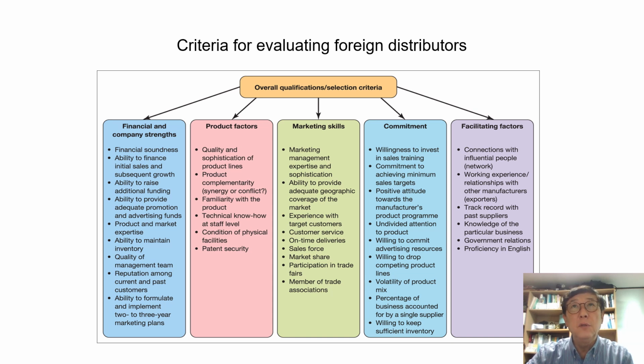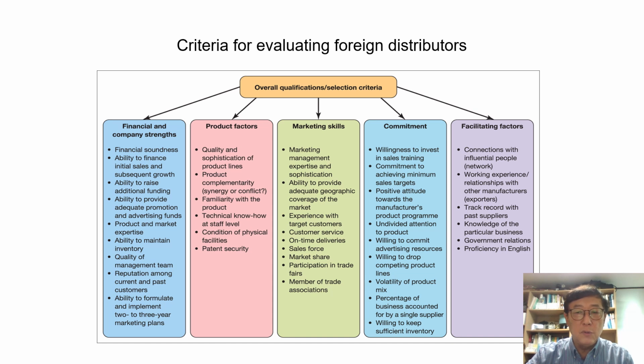They have marketing expertise. What geographic coverage are they willing to provide, their experience, customer service, sales force, how many salesmen they have, market share, and participation in trade shows or trade associations. A lot of marketing-related things, so how active and how experienced they are.